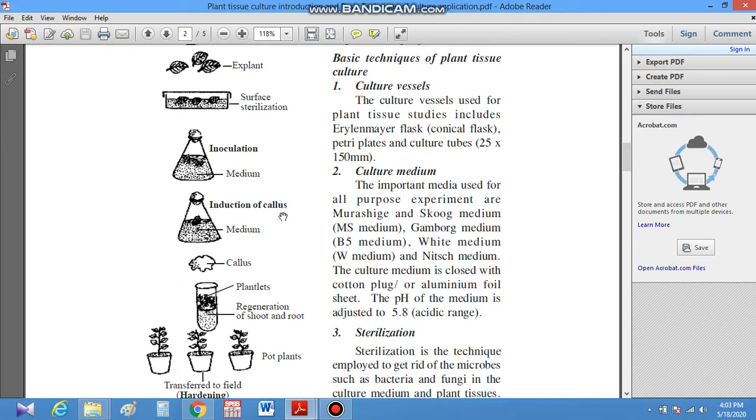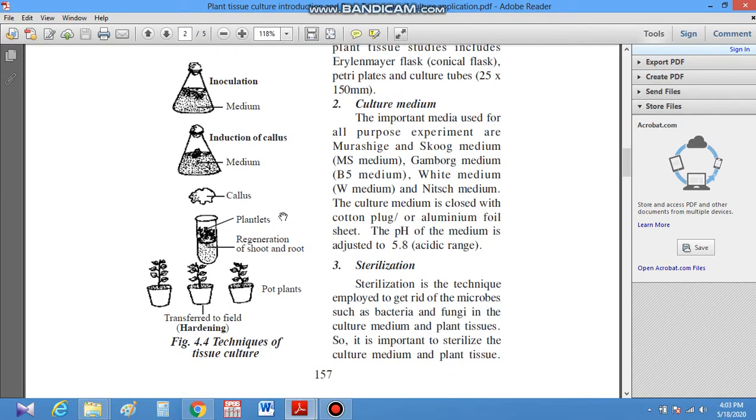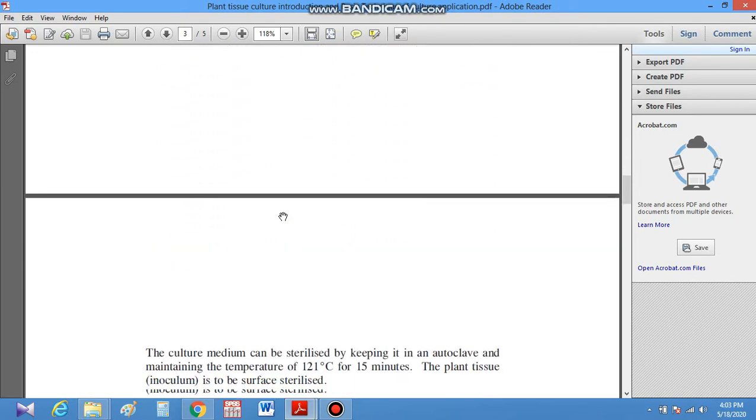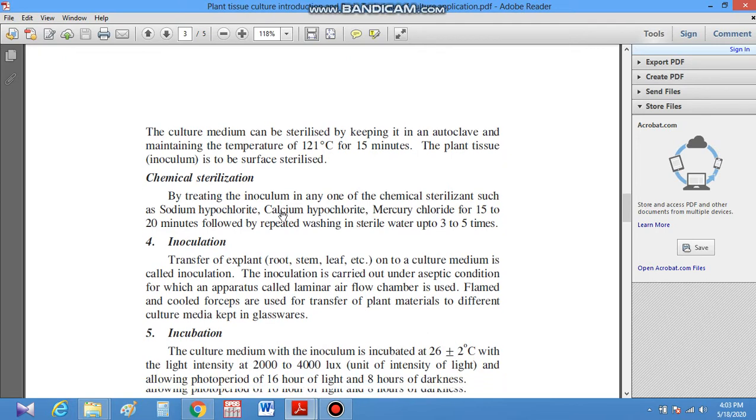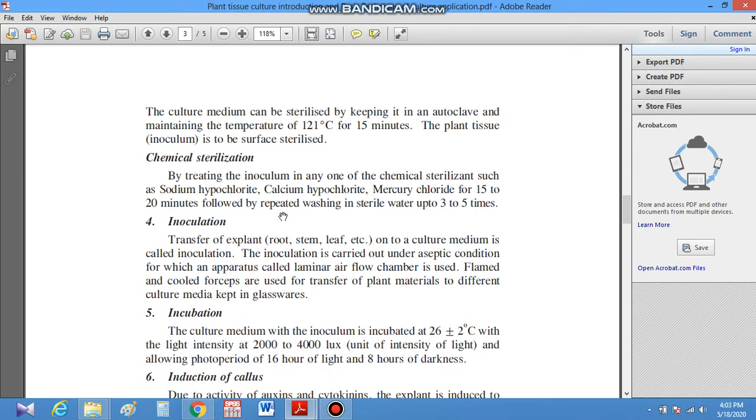After sterilization and inoculation, we incubate the cultures. The cultures are incubated in the tissue culture room or growth chamber at 25 degree centigrade, in 50 to 60% relative humidity, for a photoperiod of 16 hours.